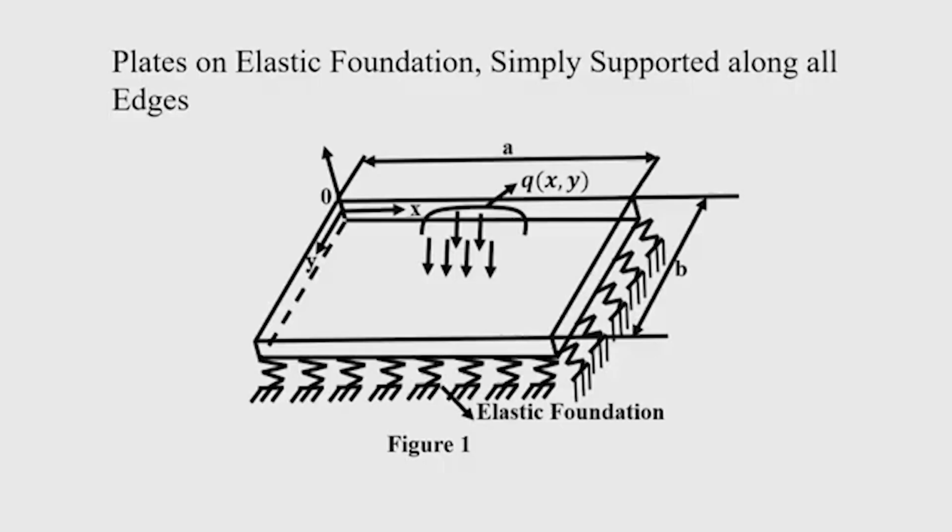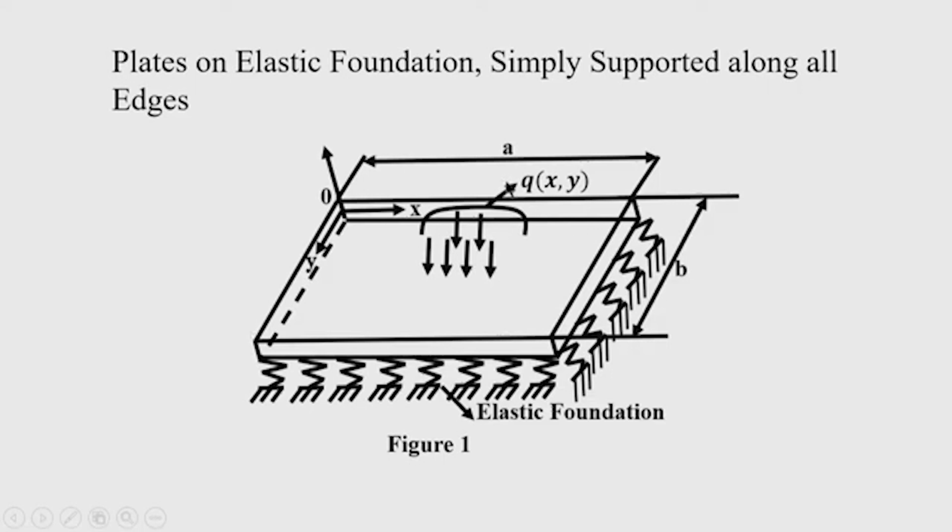Okay. Now, let us see this plate, which you can see is a rectangular plate, the length is A and the breadth is B. The load acting on the plate is q x y. It may be uniformly distributed load, or it may be concentrated load, or any other type of load, uniformly varying load.